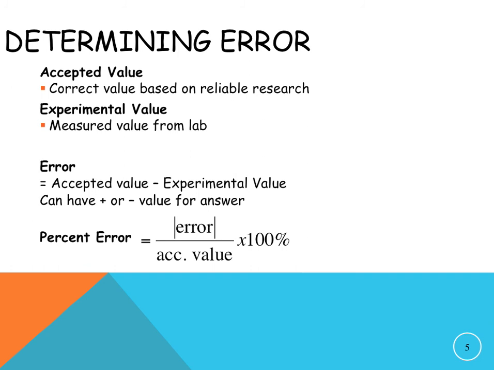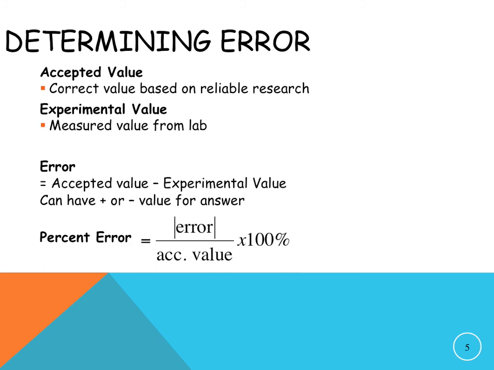This value comes from an experiment that we did, so we're comparing standards versus a lab-generated number. We could also be doing before and after numbers. So the before would be the accepted, and after we manipulated the matter, we have the after, or the experimental value.